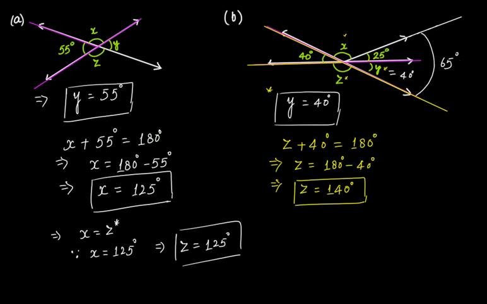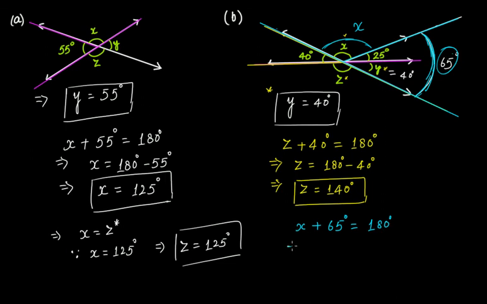Now focus on these two lines, this one and this one, right? So now this angle x plus this angle 65, aren't they a linear pair? Two non-common arms with one common arm. This is angle x that's being represented here, and this is angle 65 degree. How? 40 degree plus 25 degree.